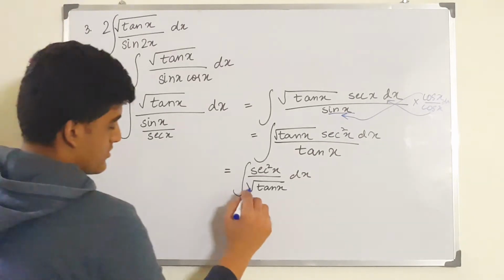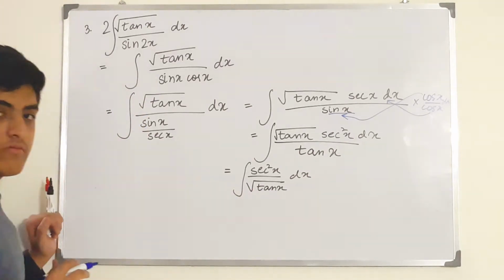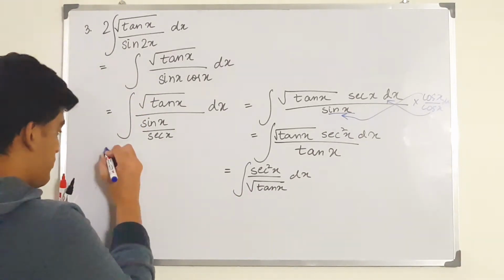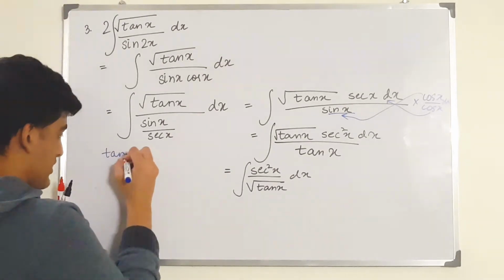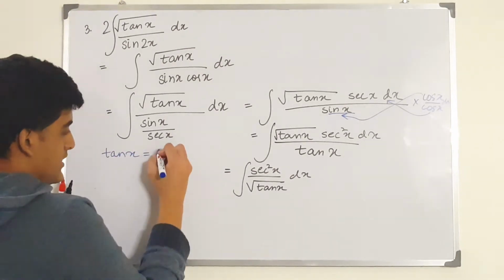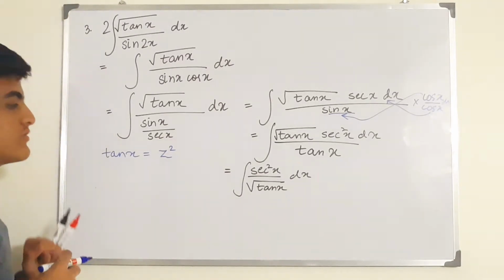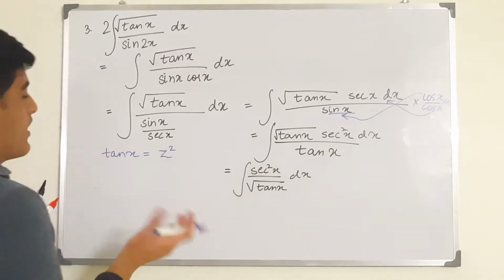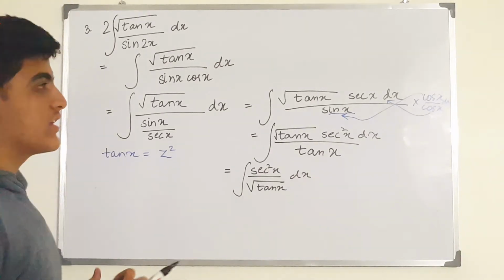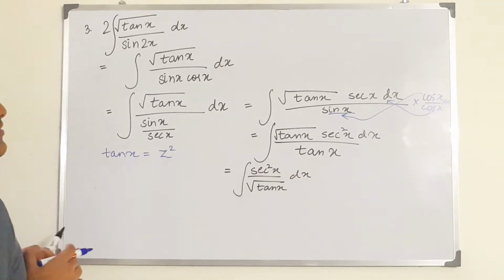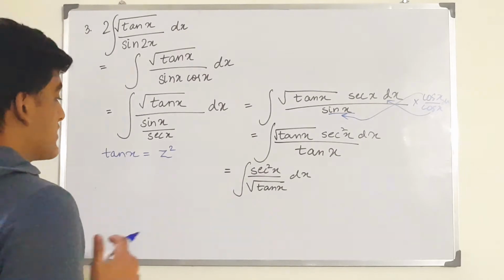Since tan is beneath the root, we can substitute it with the square of a variable for convenient purposes. When we have say z, we get z outside, we can just replace it with root tan x again.